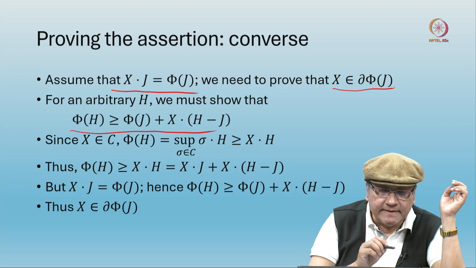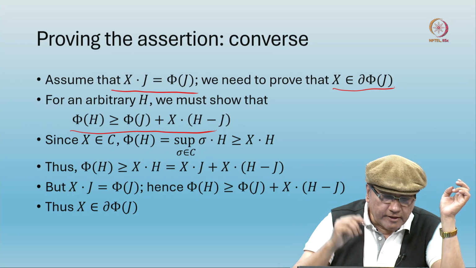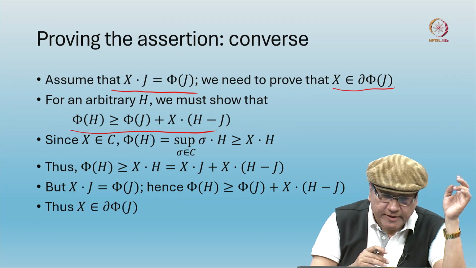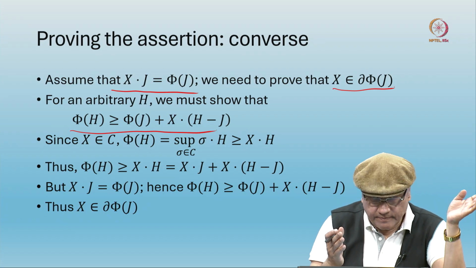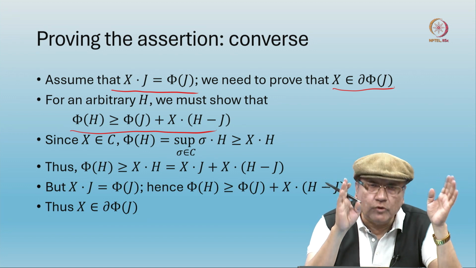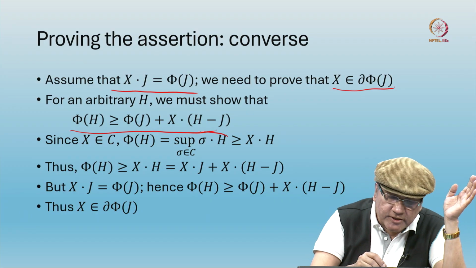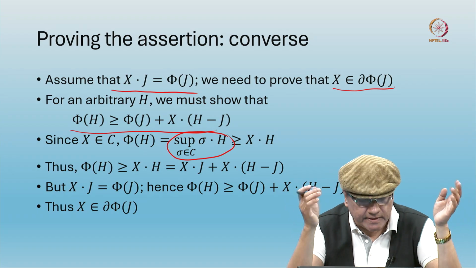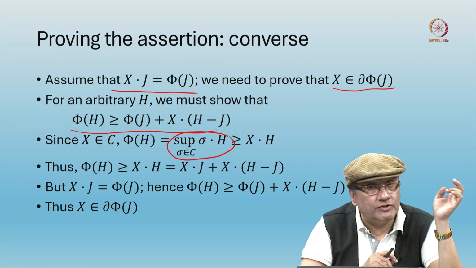Now, since x is in the admissible set of stresses, phi h, by definition, is the support function over the set C. So, it is the supremum over all sigma, basically sigma 0, that is the deviatoric stress, sigma inner product h, right.